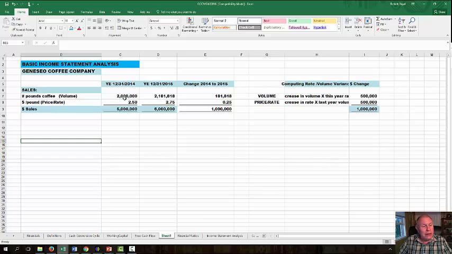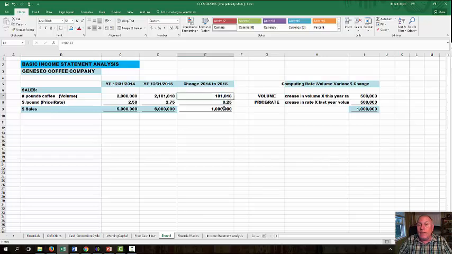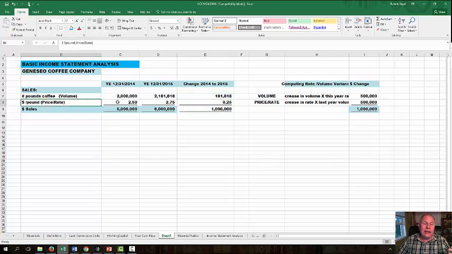In 2014, they sold 2 million pounds. This year, 2,181,000. So there was an increase of 181,000 pounds. So they produced more volume. The price in 2014, they got $2.50 per pound, and $2.75 in 2015.